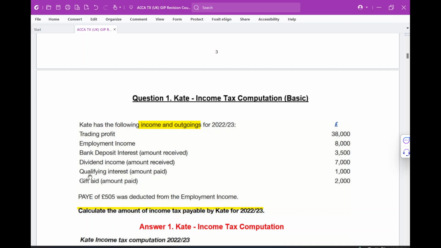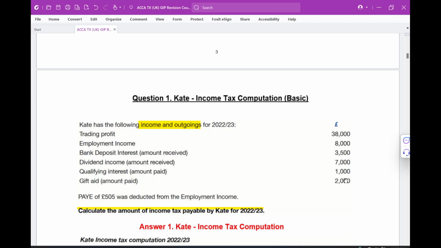The next area here is gift aid. And again, it refers to an amount paid. £2,000. Now, when we think of gift aid, maybe we're up on this, maybe we're not, but it sounds like Kate has been charitable in some way, shape, or form, and she's paid out an amount, quite a considerable amount, £2,000 sterling.